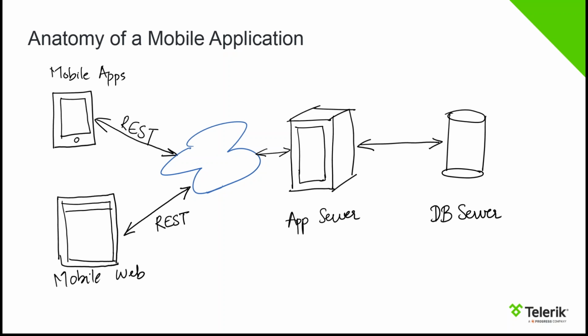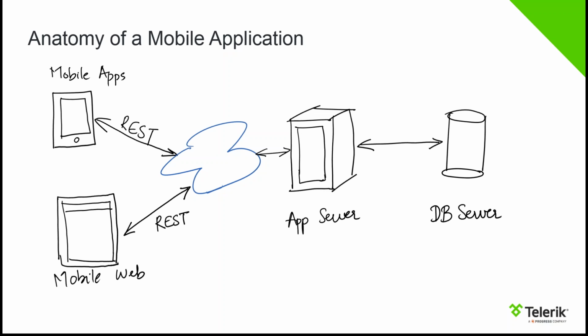Now everybody is familiar with the fact that if you have to render anything on a browser, you need simply HTML. That is a known fact. However, when mobile applications are conversing with data over the internet, the protocol they're really using is not HTML. They may be using a specific technology called REST, which essentially captures only the data and is used to ferry the data back and forth.